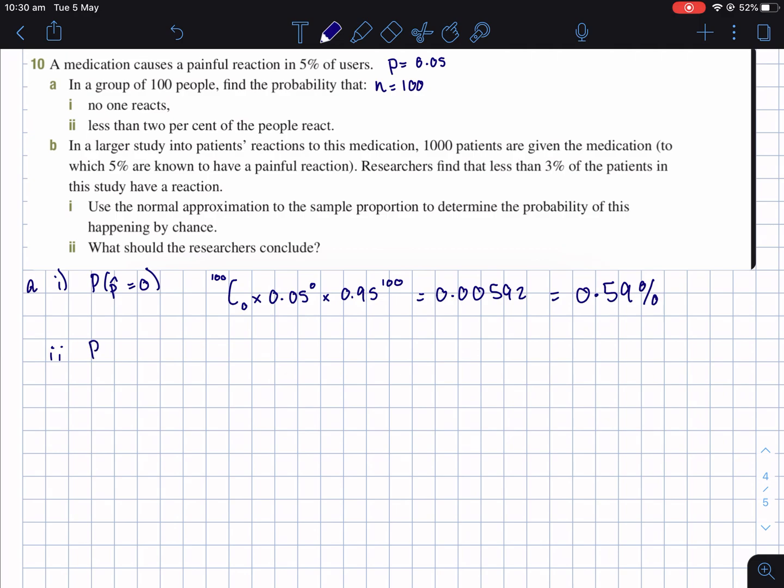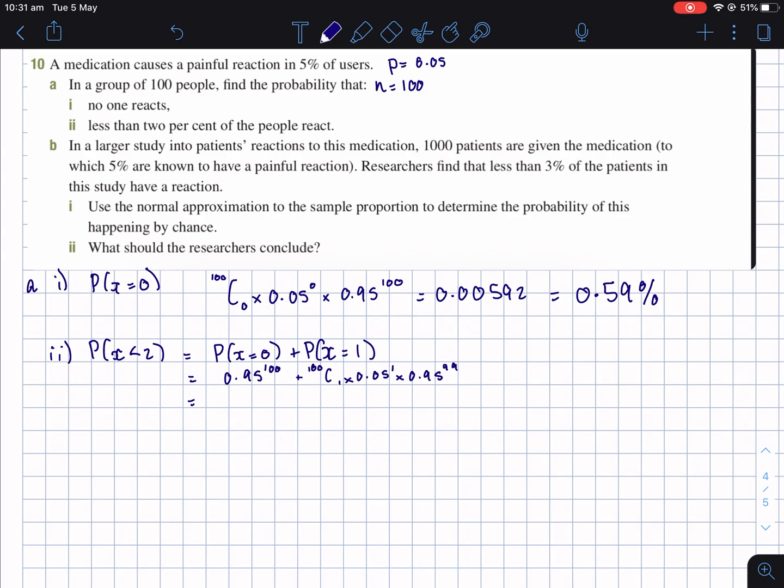So this is the same as the probability of 0 people reacting plus the probability of 1 person reacting. Well, we've already got this one. Yeah, 100 C1, 0.05 to the 1, 0.95 to the 99.